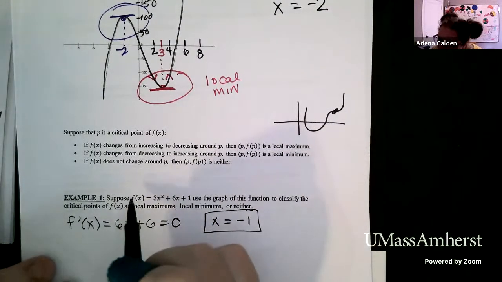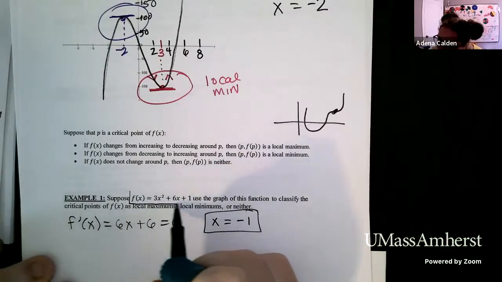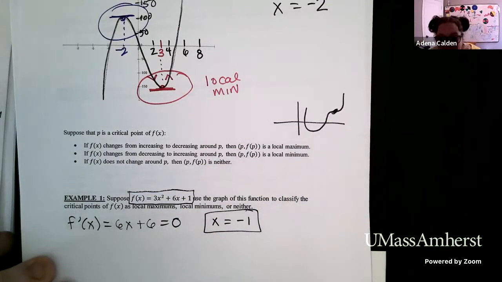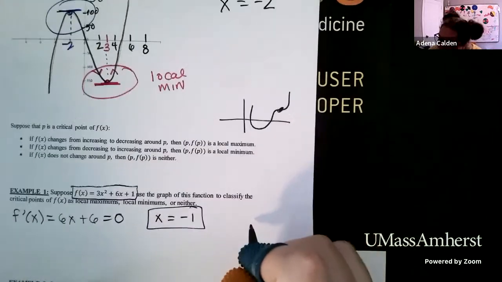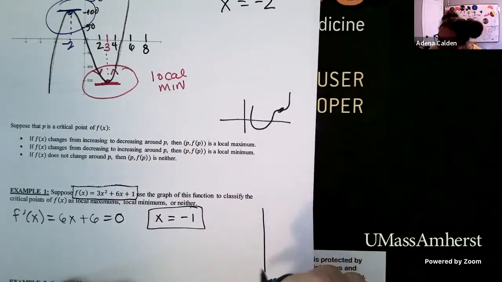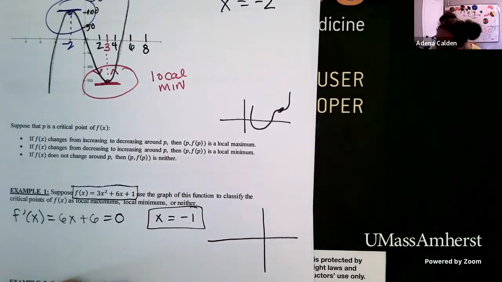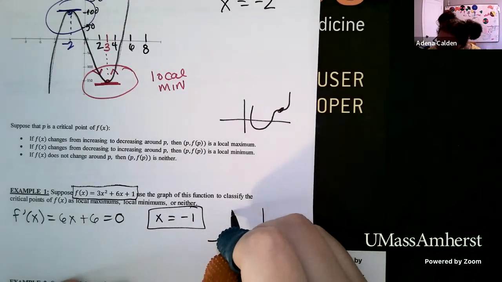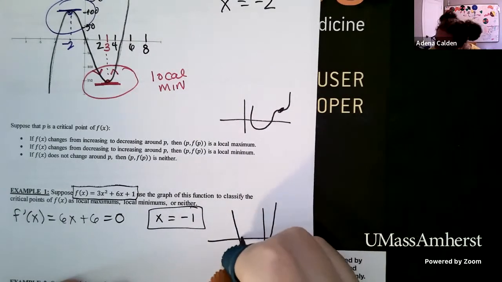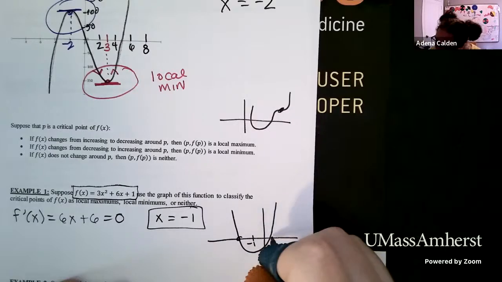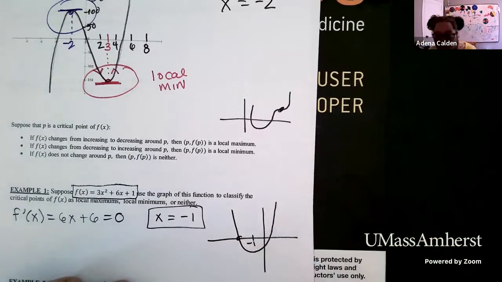Okay, so now we need to graph the original function to figure out what's happening at -1. So if you were to graph this on a calculator or by hand or on a computer or whatever you're using, you're going to find a function that looks roughly like this, where -1 is right about here.